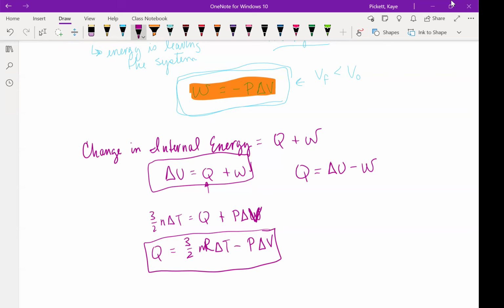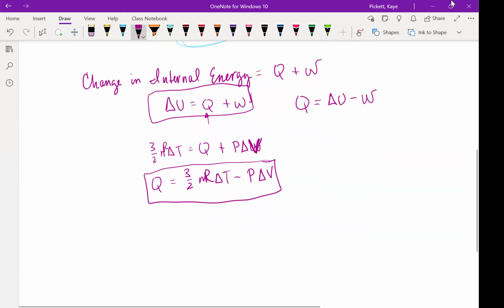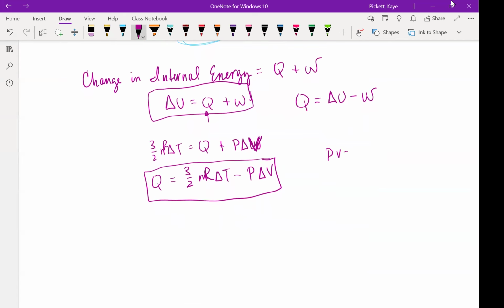Okay, this isn't so bad. It's not terrible. These are numbers that you can move through. And if you know that P delta V is nR delta T, I forgot the R here as well. Well, we know that PV equals nRT.